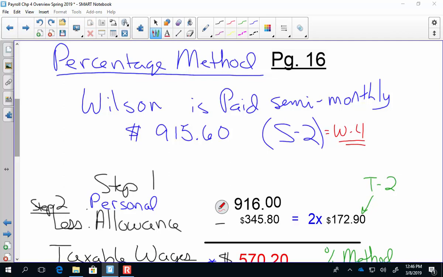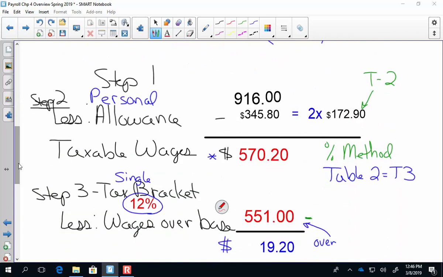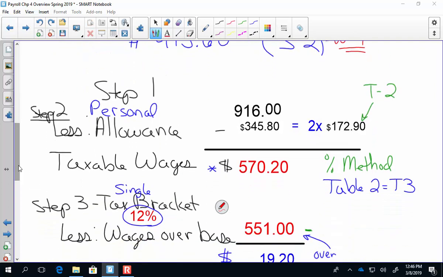Now, I like to present the material in steps just like the author does. They had us round up this wage amount because it's just cents from the $916. So they had us round it up to $916.